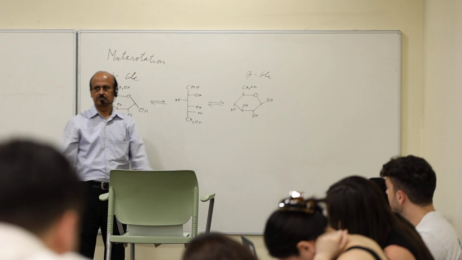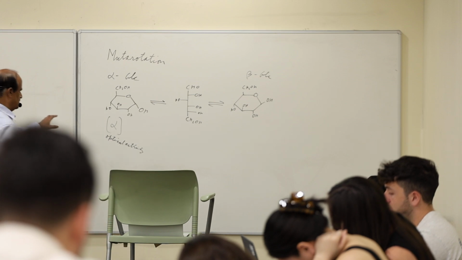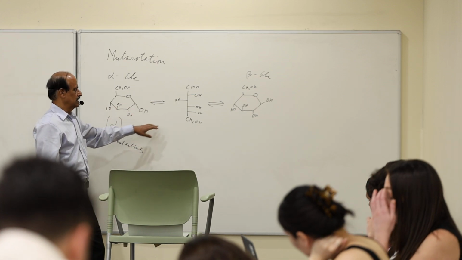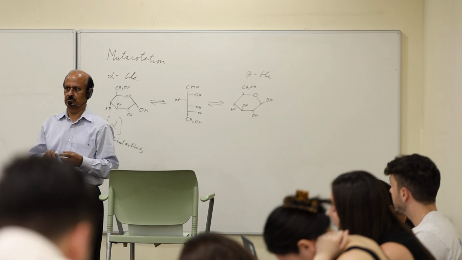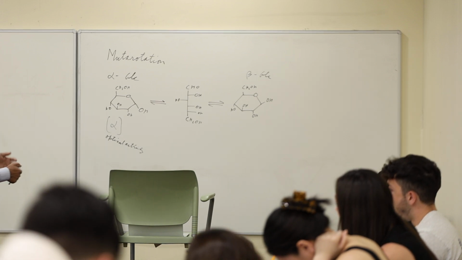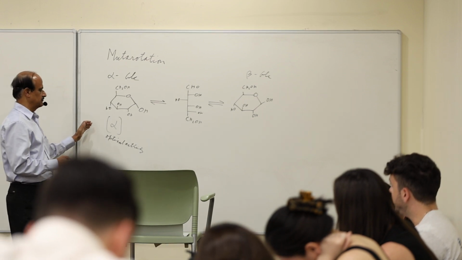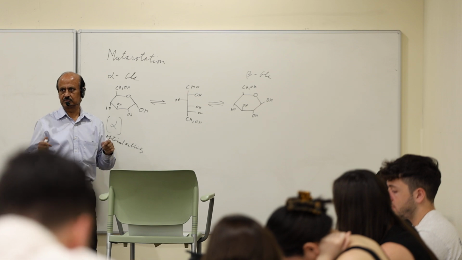Beta has a rotation of the light, and the average of that, when it is a mixture, is this multiplied by its percentage, and the optical rotation of this multiplied by its percentage gives the final rotation. So every time you have a sugar in solution, it will be a mixture of alpha and beta. It doesn't matter which one you started with. If you started with alpha, it will gradually become alpha and beta in that fixed proportion.